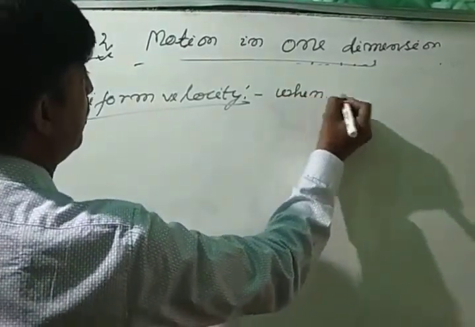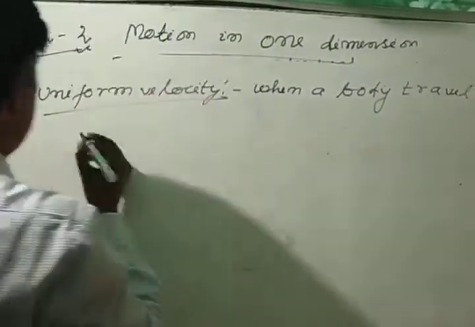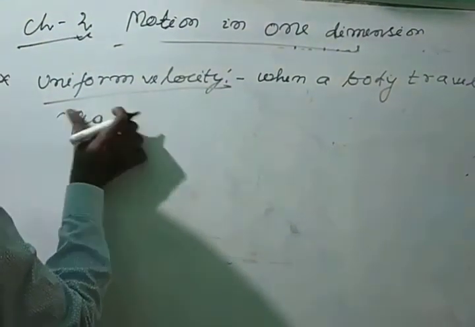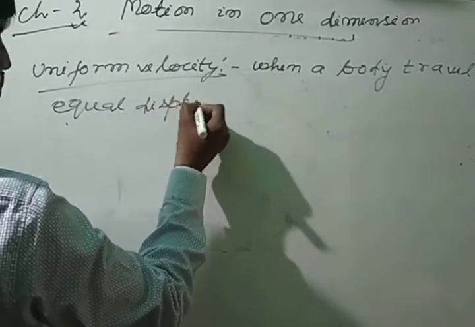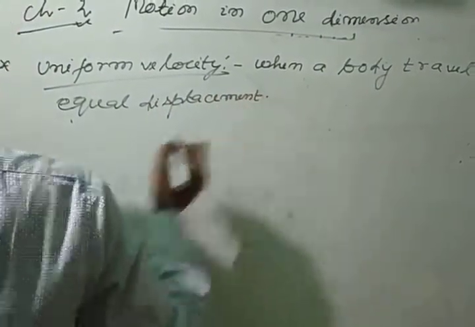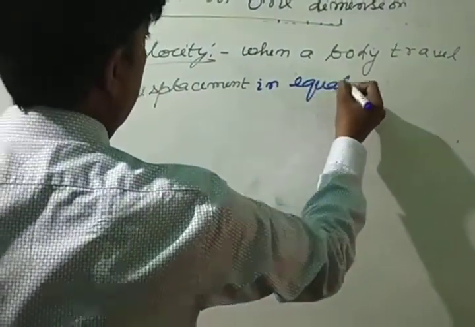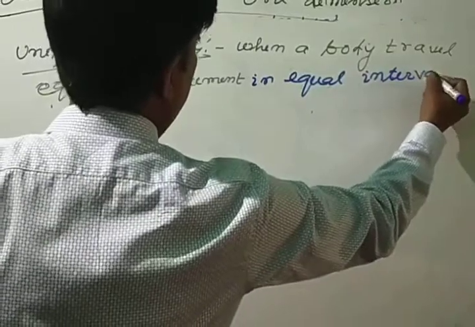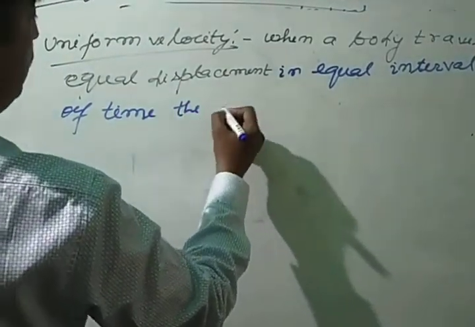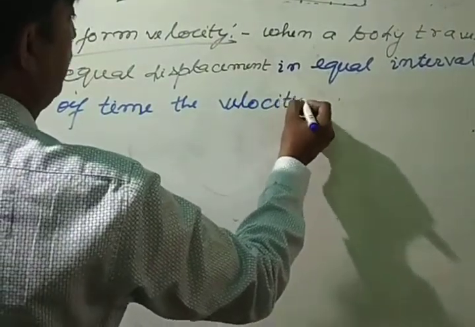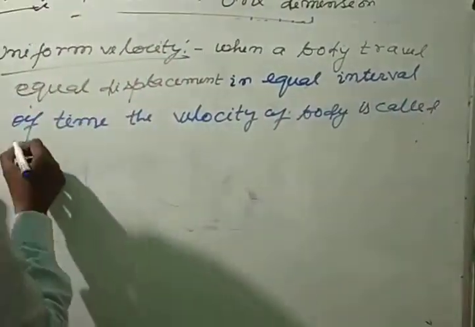Whenever a body travels equal displacement in equal interval of time, then the velocity of the body is called uniform velocity.